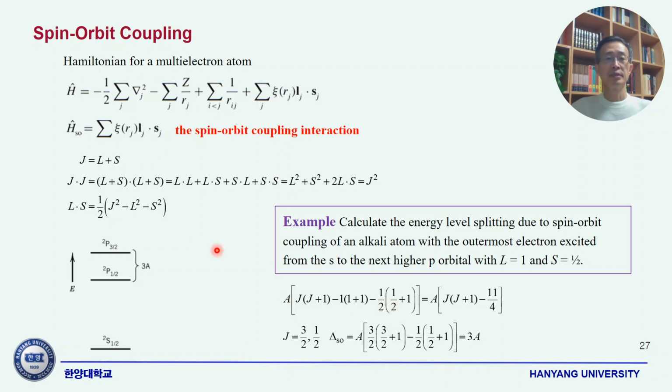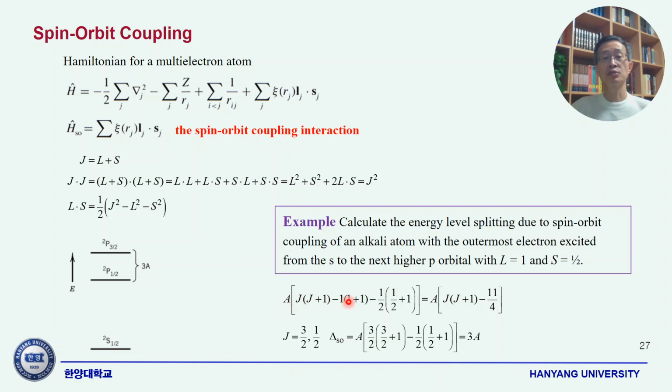In this expression, xi, or A here, is the spin-orbit coupling constant. So A times this L dot S, which is 1/2 of J squared minus L squared minus S squared, where the 1/2 is included in the coupling constant.